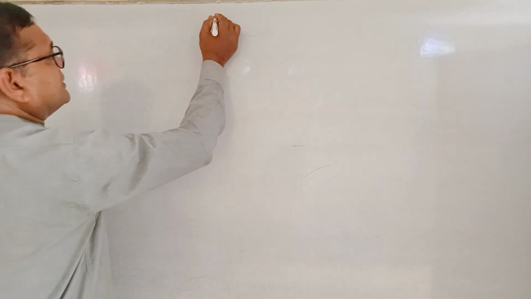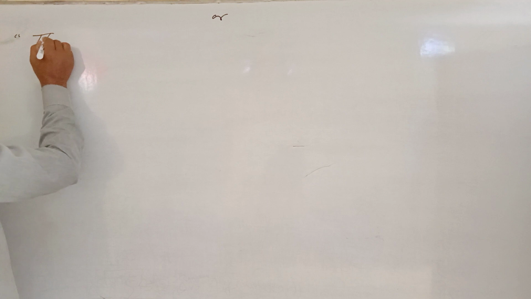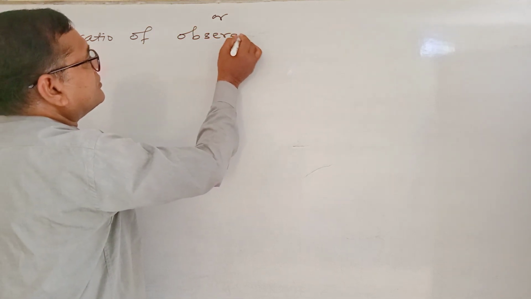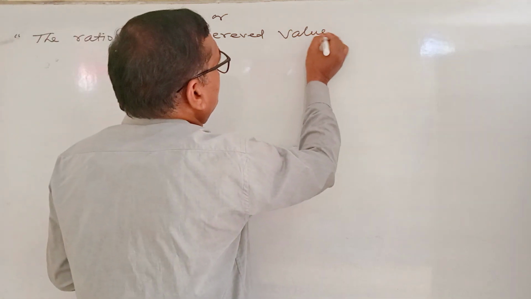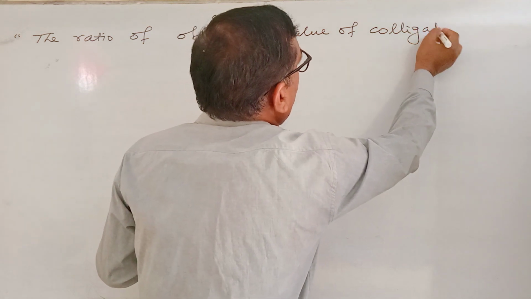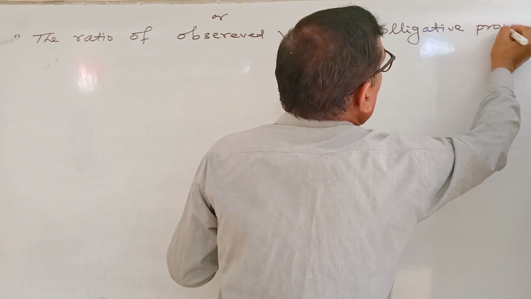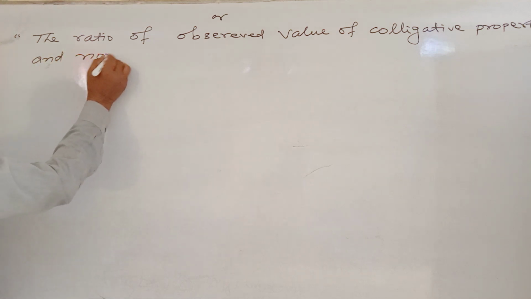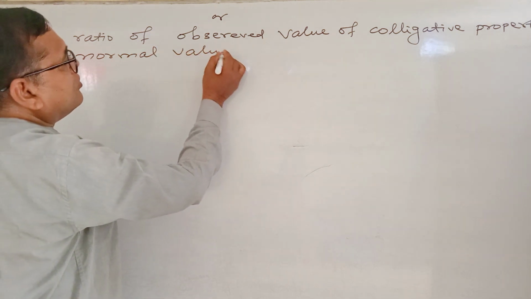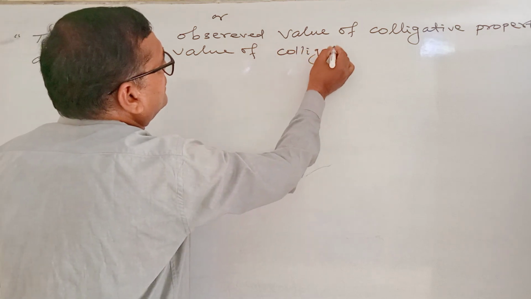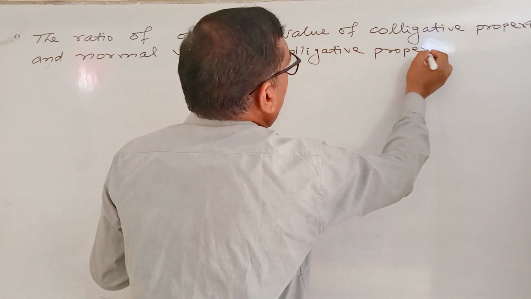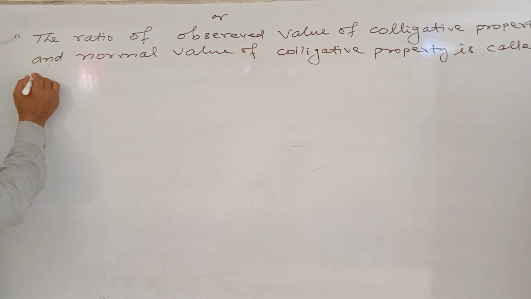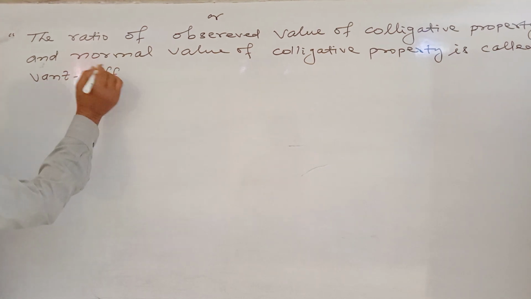The ratio of the observed value of colligative property and the normal value of colligative property is called van't Hoff factor.